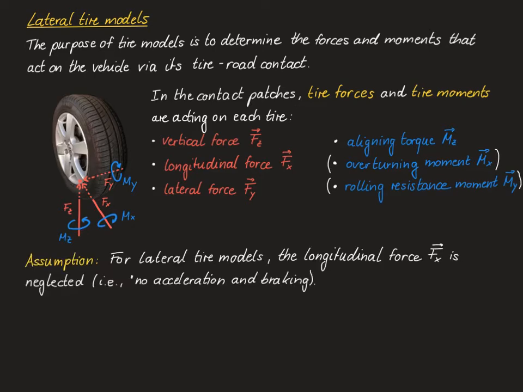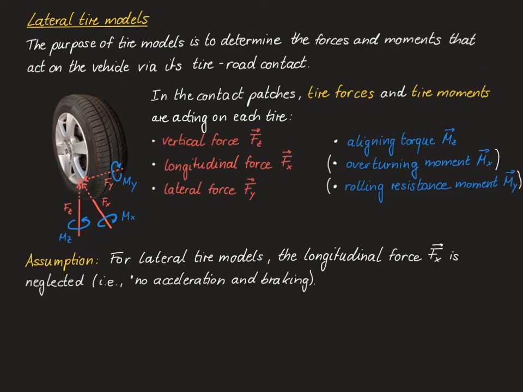For this section on lateral tire models, we make the fundamental assumption that the longitudinal force Fx is zero, or in other words, we have no acceleration and braking of any of the wheels. Later on in this course, we'll also look at longitudinal tire models where we neglect the lateral force, and finally at combined tire models where we consider both the longitudinal and the lateral forces.